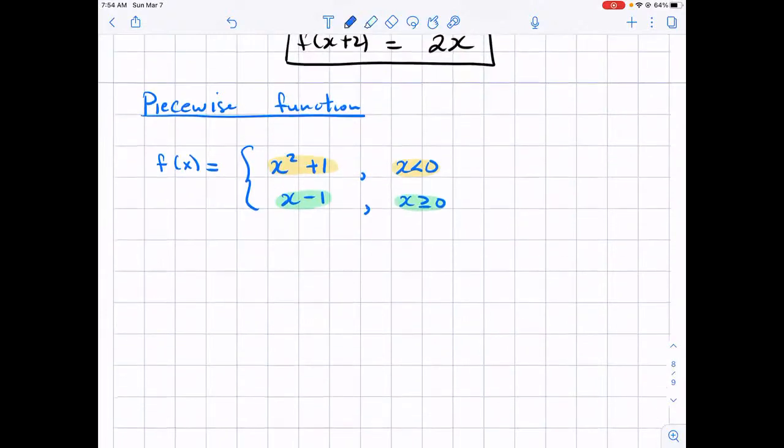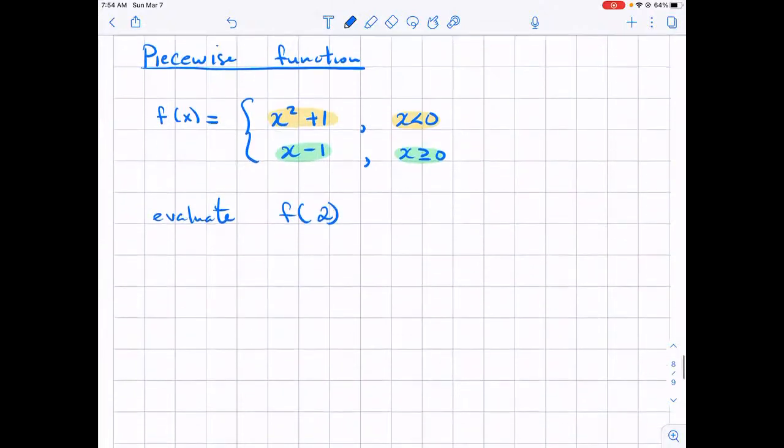So if I ask you to evaluate f of, let's say, 2, then f of 2, right? So notice that the input is 2. So we have to use the bottom part, x minus 1.